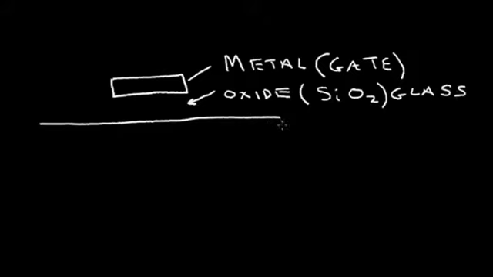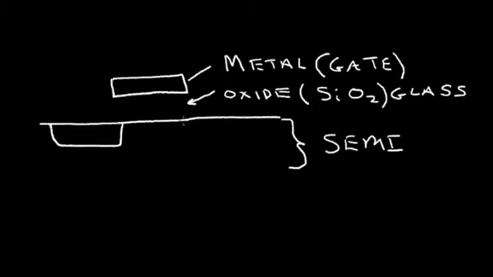Now below the oxide is the semiconductor, and that is composed of a diffusion region in a wafer. This is the surface of the wafer. This is the thickness of the wafer.